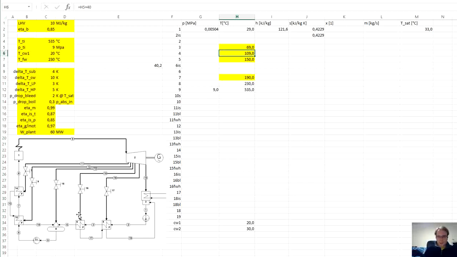Now we have this temperature, 150 degrees C, which is the temperature at which we are making our deaerator, and at the outlet of the deaerator the working fluid is at the point of saturated liquid, so the quality is 0. And from quality and temperature we can get pressure, similar to the condensate outlet.